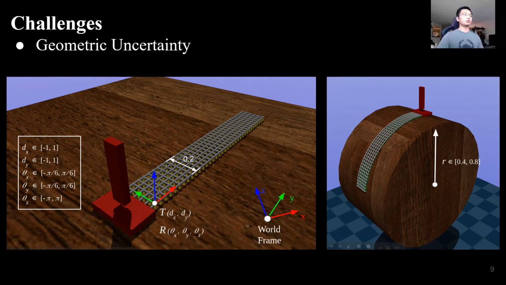We also introduce geometric uncertainties to the Velcro, as shown in the figures. We vary the translation of the Velcro origin in XY directions and rotation in all 3 axes. The Velcro strip is also applied not only on straight surfaces, but also on cylindrical surfaces with various radii.